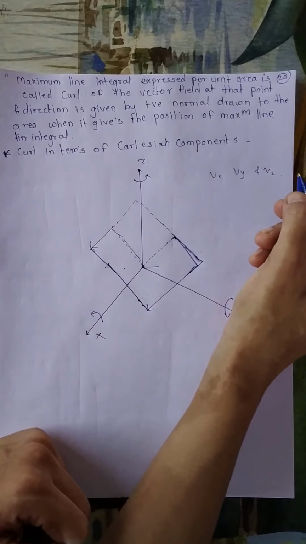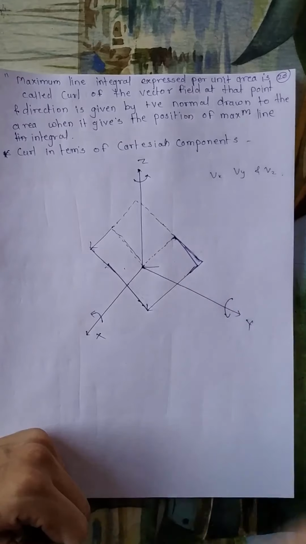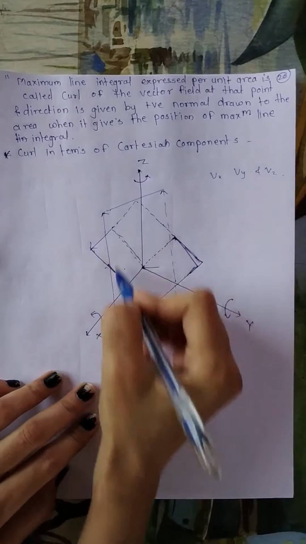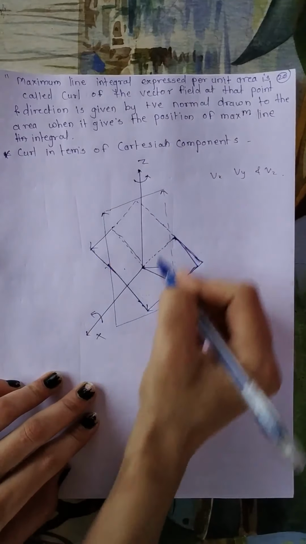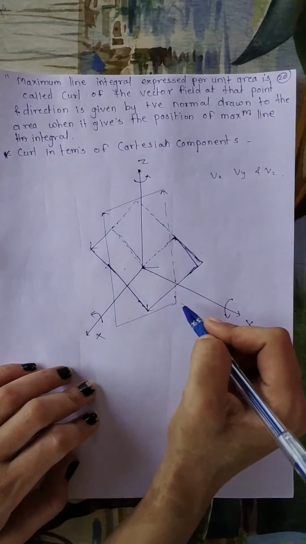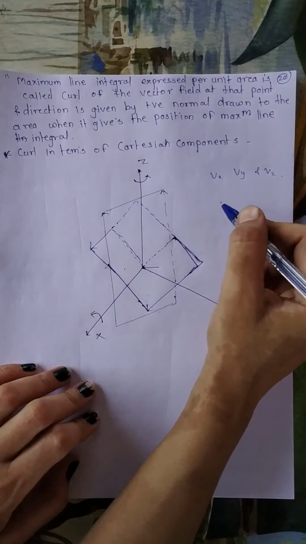We will draw the positive normals to these areas along the positive directions of the x, y and z axes. So these are the positive normals drawn to these three rectangles, and now we will consider area ABCD with sides dy dz, and the x-axis is its normal.